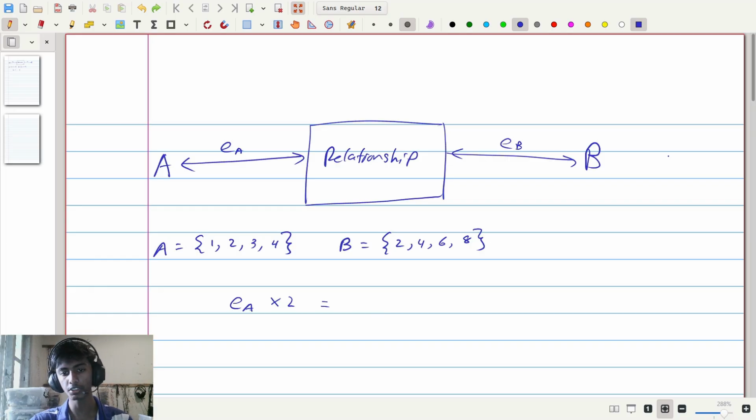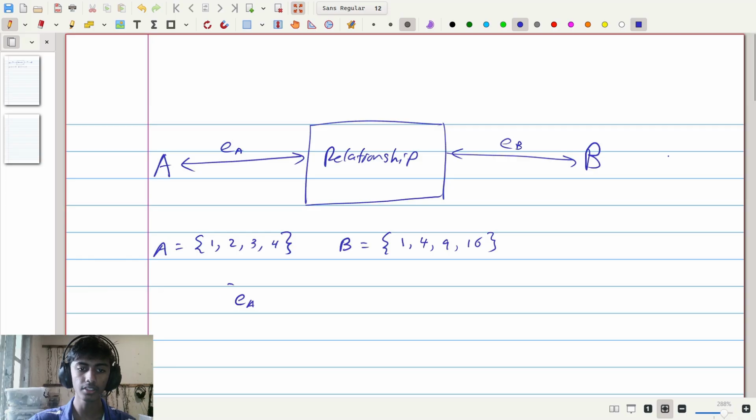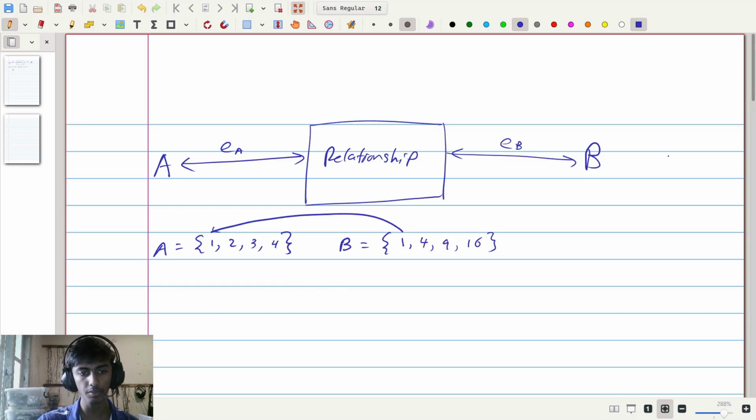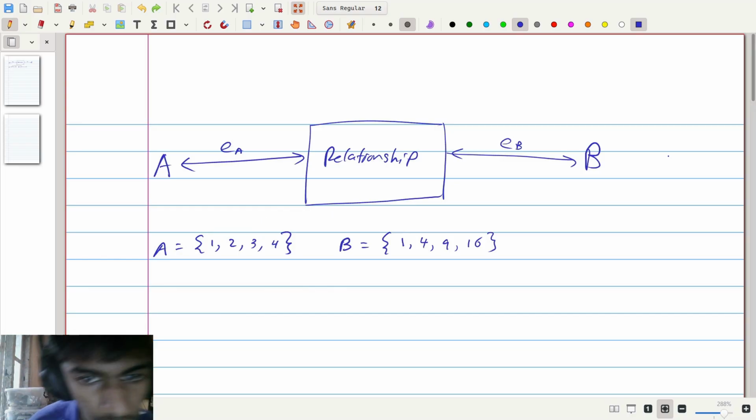We could of course have other relationships as well. If we have, say, instead of this set B, 1, 4, 9, 16, now the relationship is that the element of A taken and squared is the element of B. But here currently, we can clearly see one element of A maps to only one element of B, and if we take the reverse direction, one element of B maps to only one element of A. This is the simplest and easiest relationship to understand, where it's a one-to-one relationship.